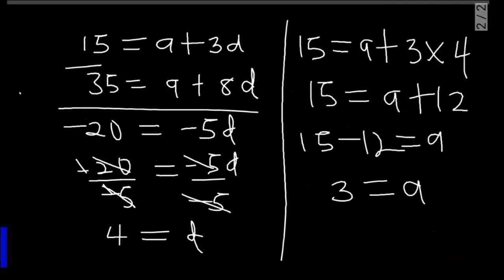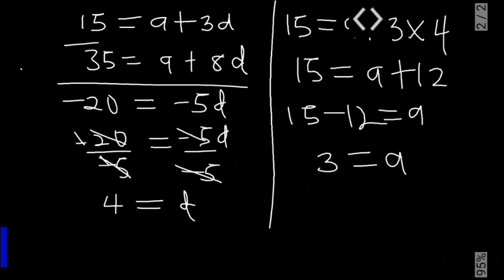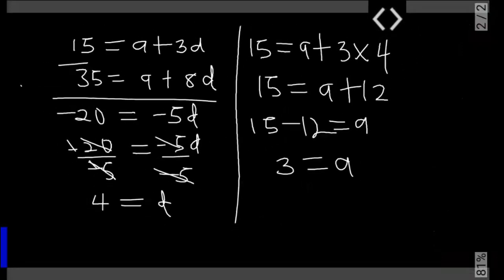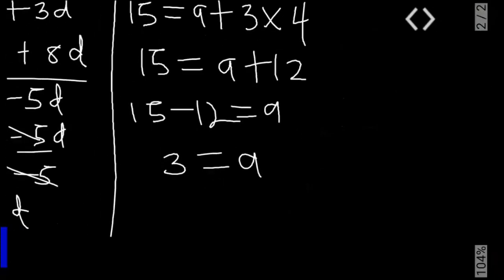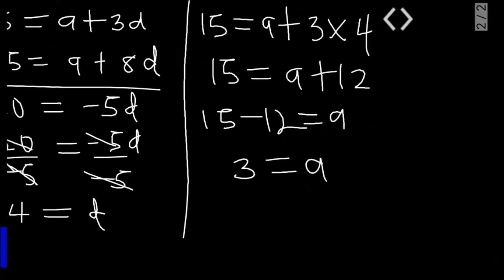You should not forget that we have not solved the question we're given. This is just halfway into the solution. The main question is to find the 15th term. The 15th term will be a plus 15 minus 1, which is 14d.